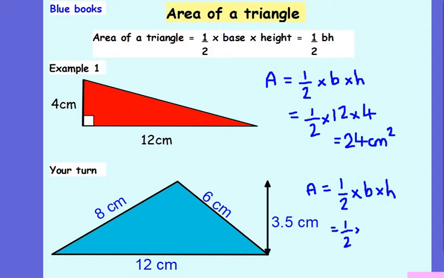James Cork, which of those numbers is my height? 3.5, exactly. We need to look at our perpendicular height of our triangle. So I've got 12 times half times 3.5, which gives me 21 centimetres squared. It's an area, so we measure it in centimetres squared.